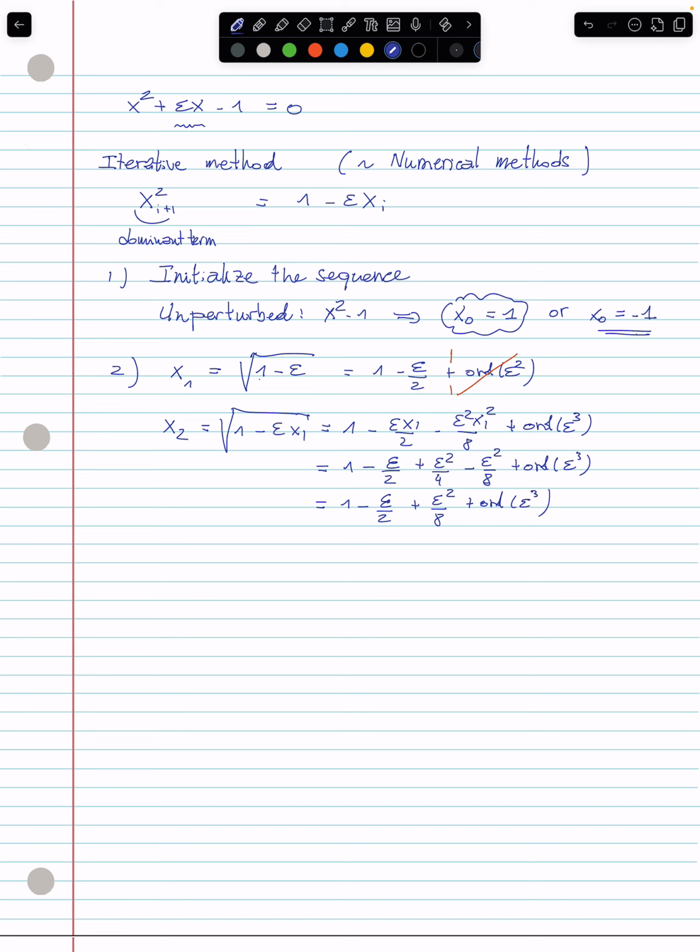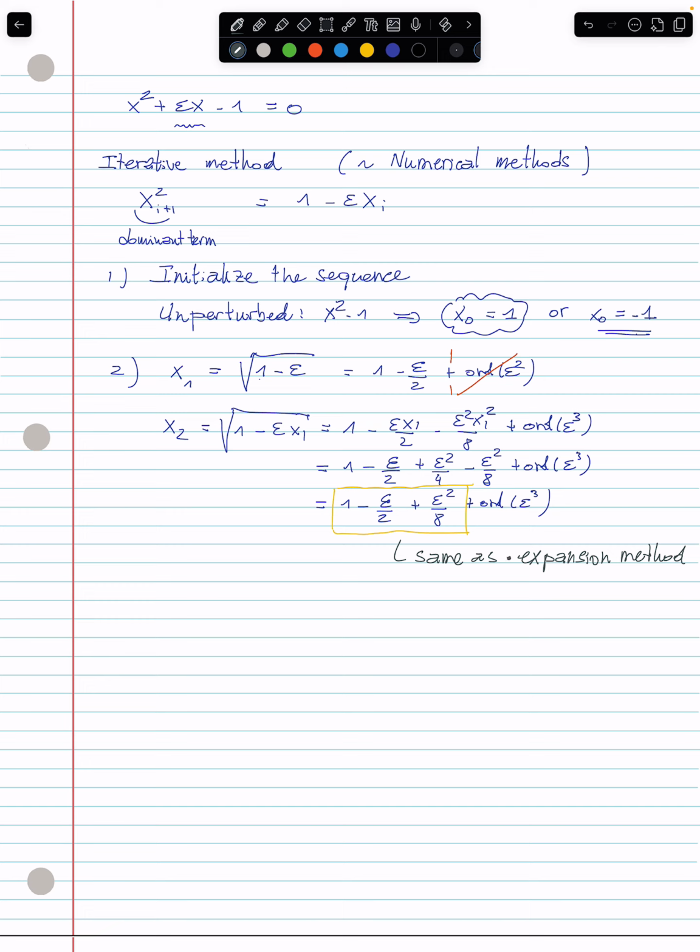And what do we see here? We see something which in fact corresponds exactly to what we had in the previous expansion. So when we used the expansion method, this is exactly what we obtained.